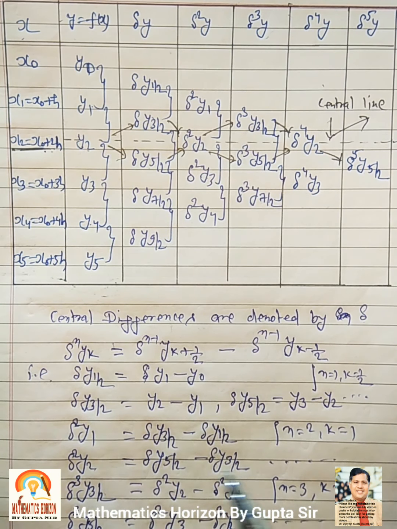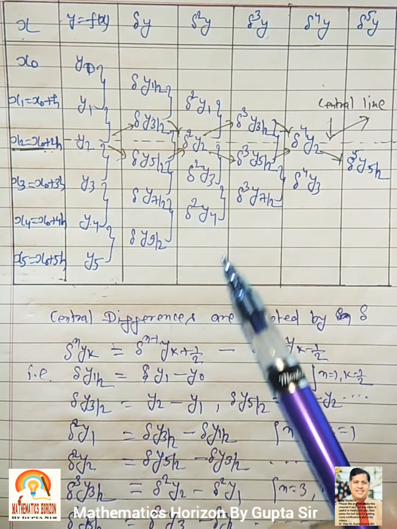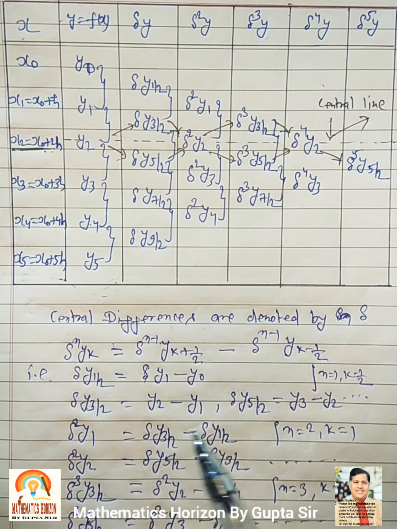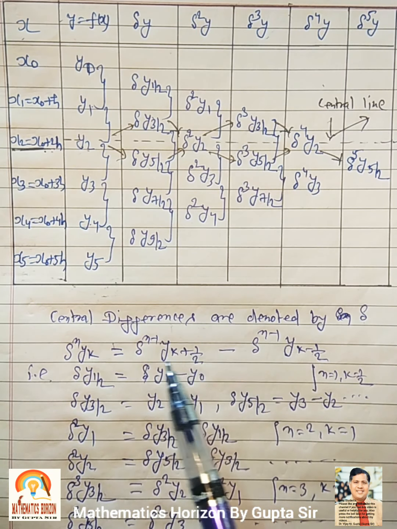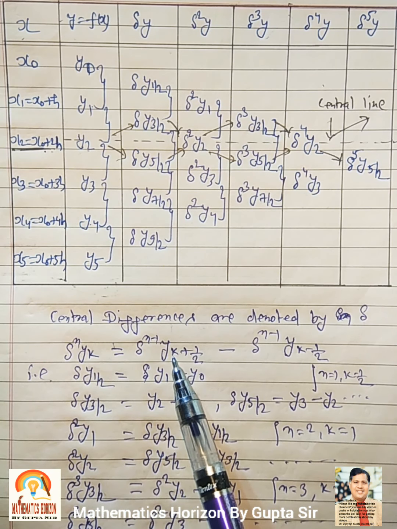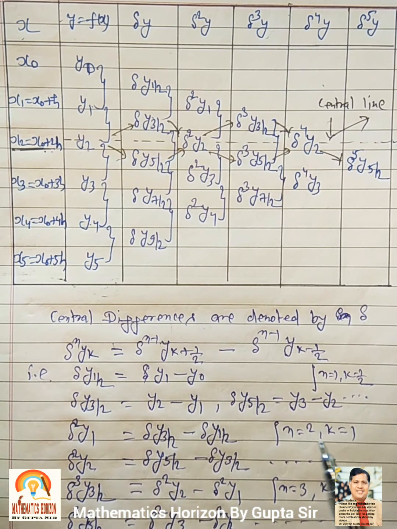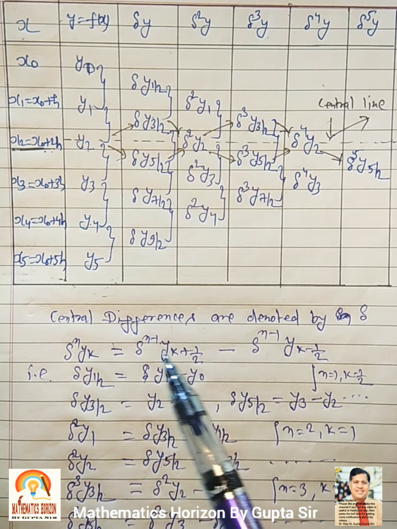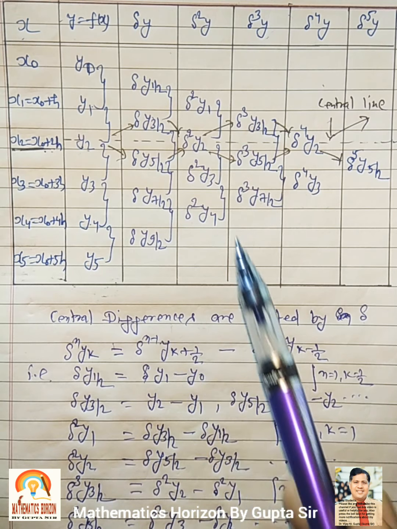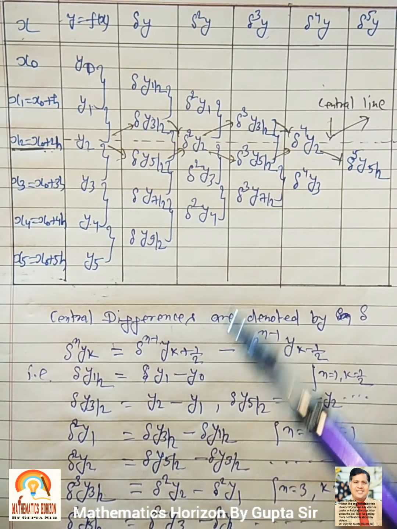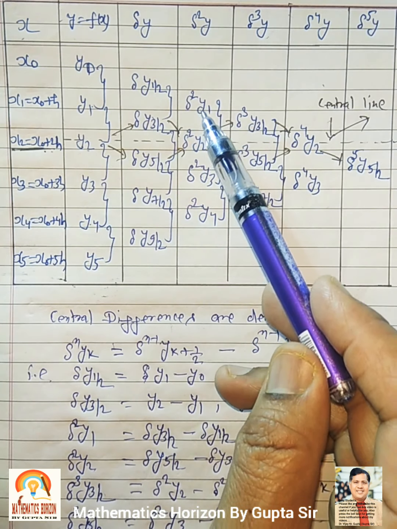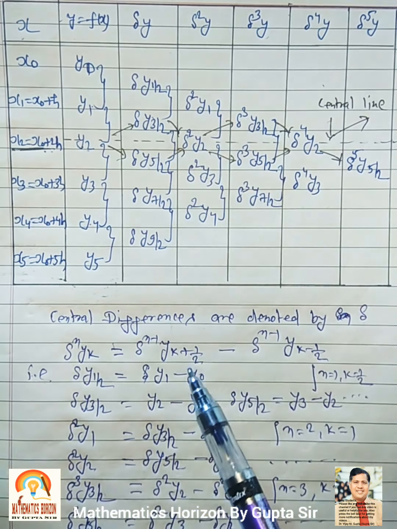Now for second order differences, if we put n equal to 2 and k equal to 1, what do we get here? How do we get del square y1?